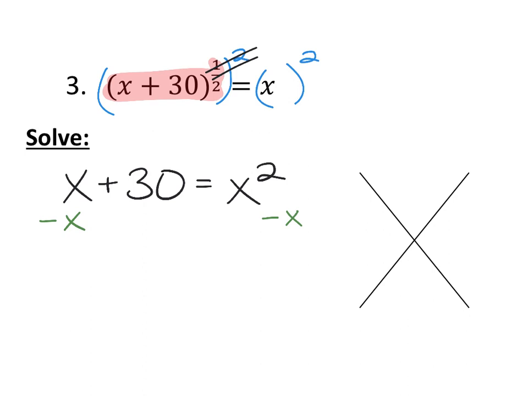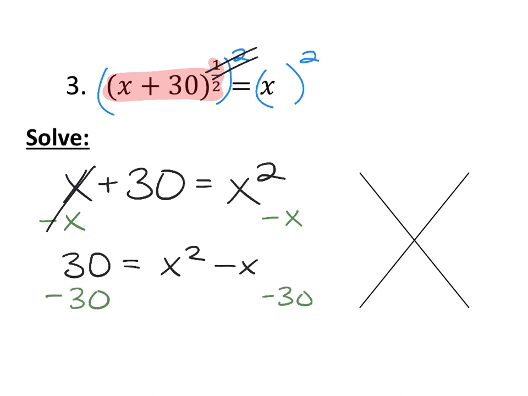So doing this in 2 steps, that's going to look like 30 equal to x squared minus x. And then finishing this out, we subtract 30 to both sides so that this becomes 0 equal to x squared minus x minus 30. Literally just picking up the x and the 30 and moving them to the other side. There were no like terms to have to combine it with. I just have to change their signs to the opposite.